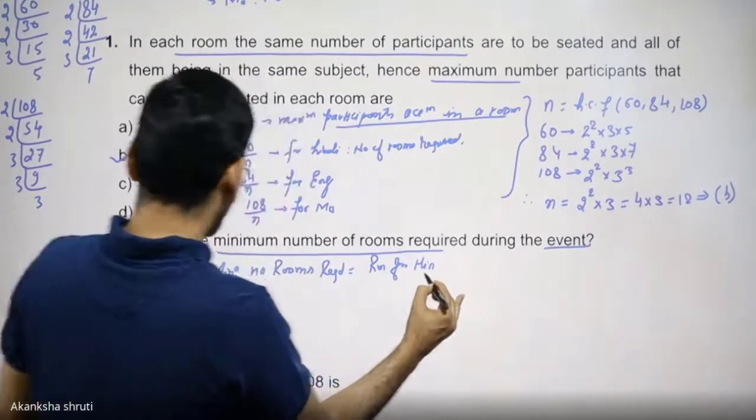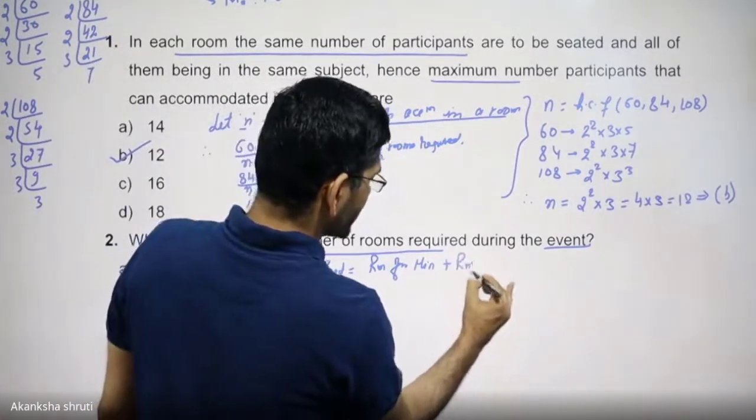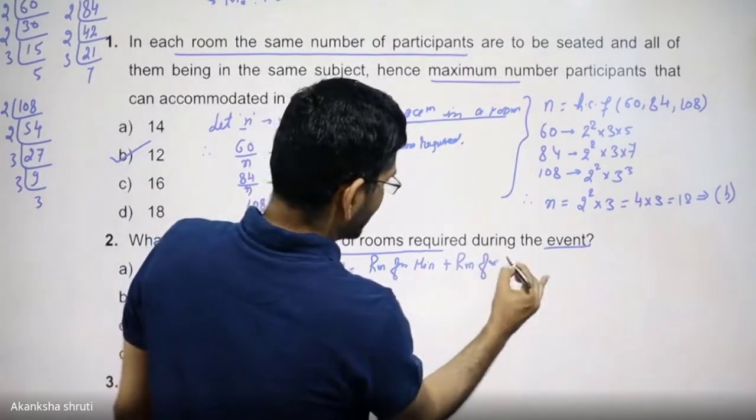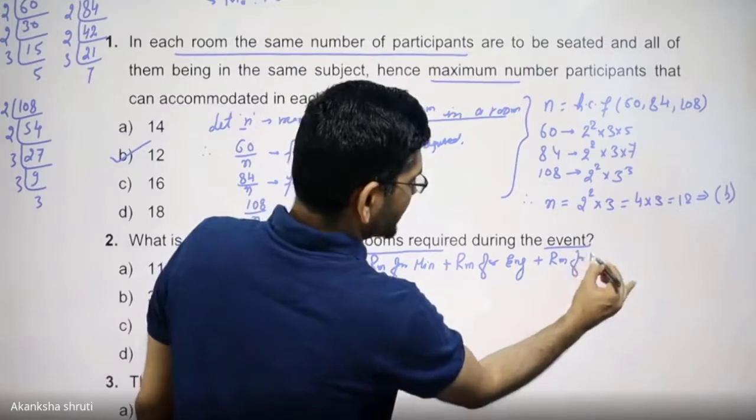So, minimum number of rooms is equal to rooms for Hindi plus rooms for English plus rooms for mathematics.